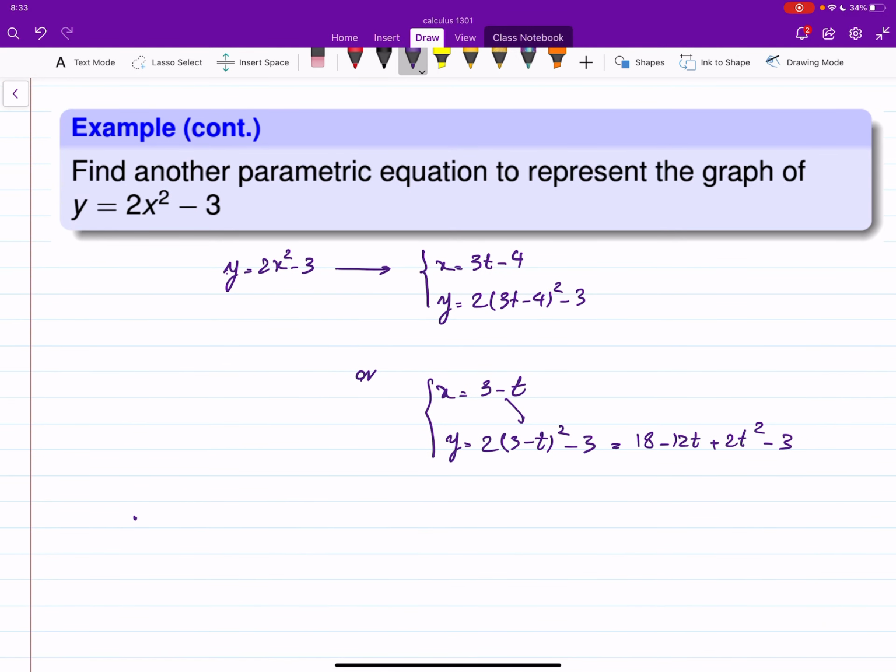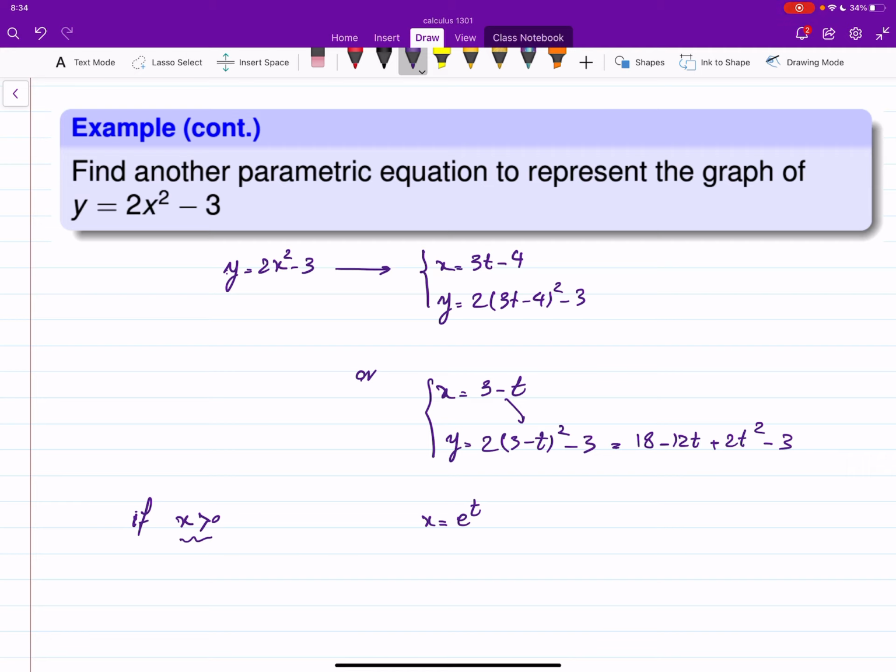Actually, you can do a little bit more. For example, if we want only the part of the curve for which x is positive, you can set x to be a function like e to the power t.